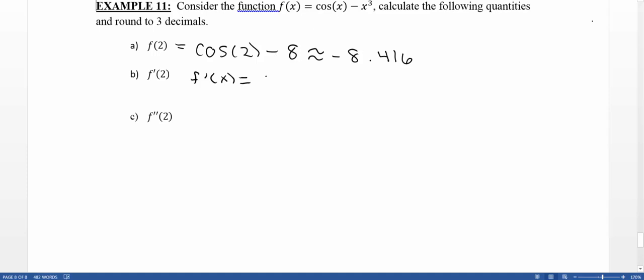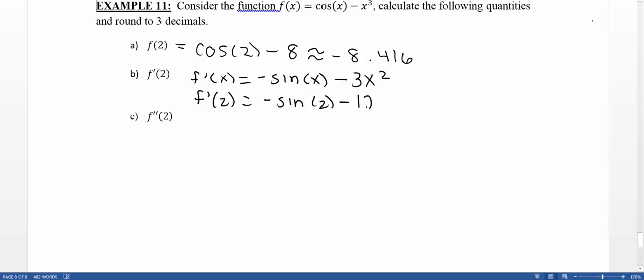The derivative of cosine, we said, was negative sine x, minus, and the derivative of x cubed is 3x squared. So we want to plug a 2 into that function. So negative sine of 2 minus, if you plug a 2 into 3x squared, you get 2 squared, which is 4, times 3 is 12.